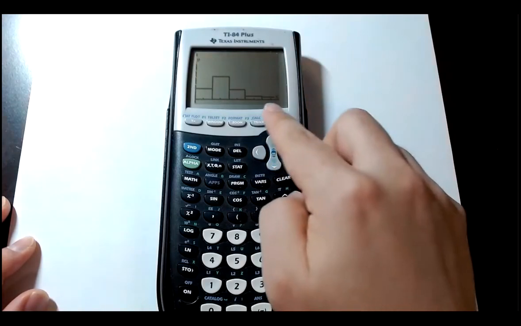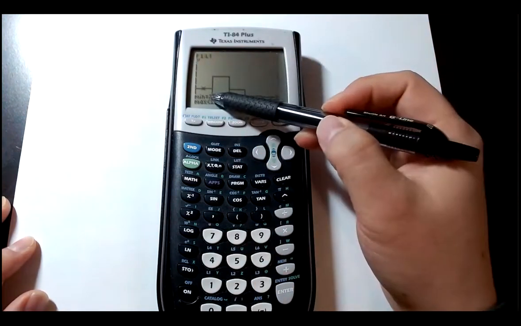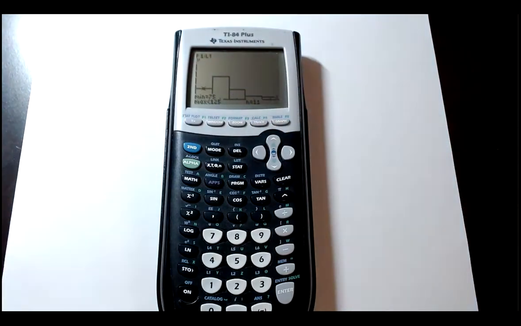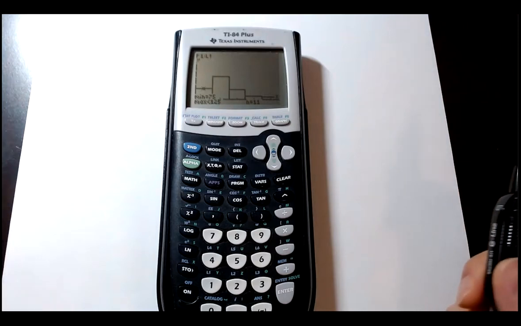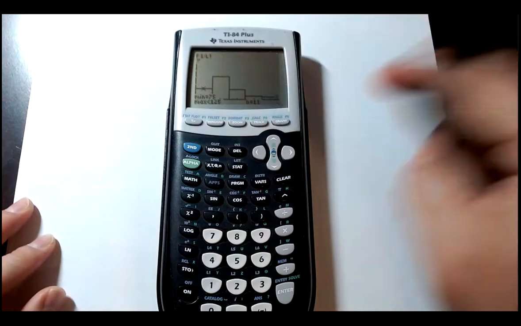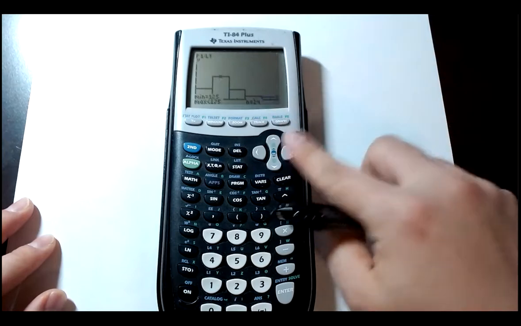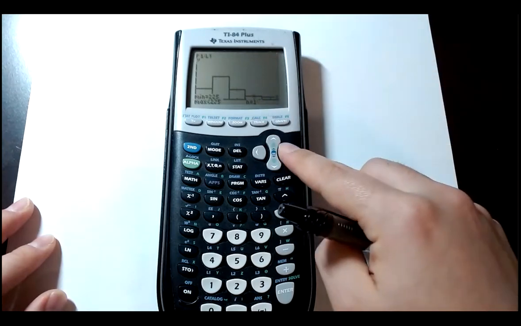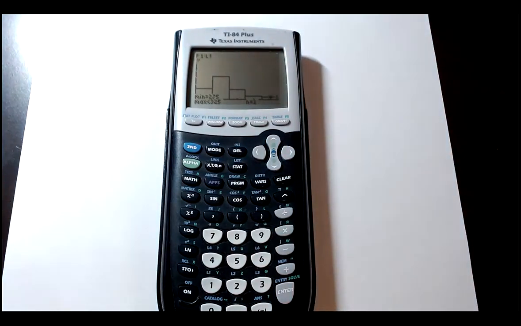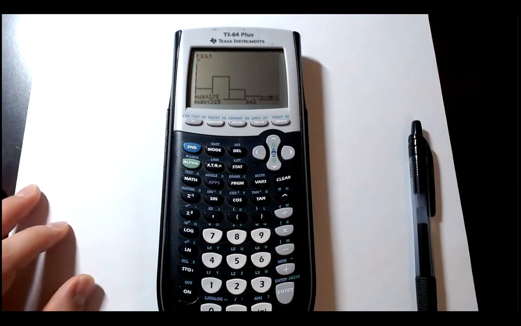Then we press trace, and the lower class limit is 55, the upper class limit is less than 125, so we can say 124. And the frequencies are 11, 24, 10, 3, and 2. This is exactly the same as the frequency table in the McDonald's lunch service example.